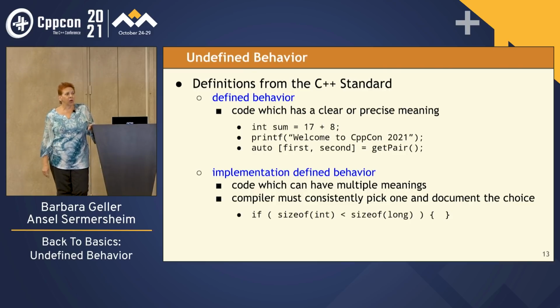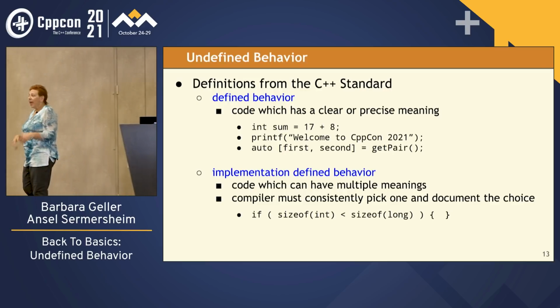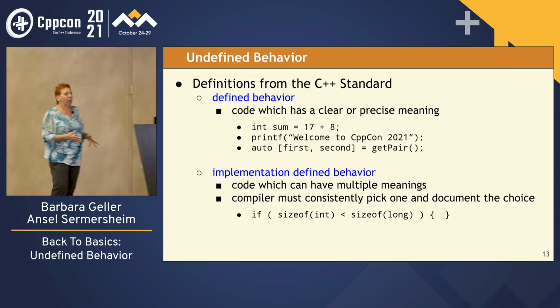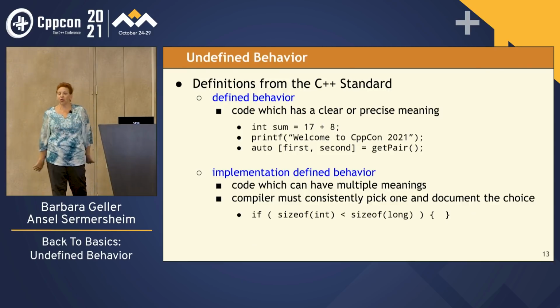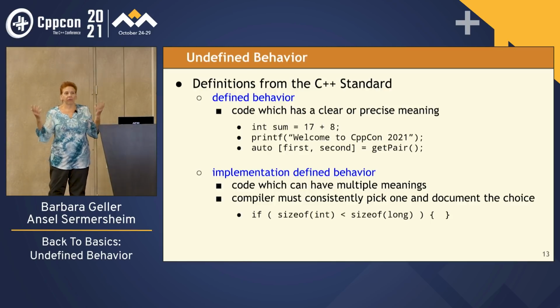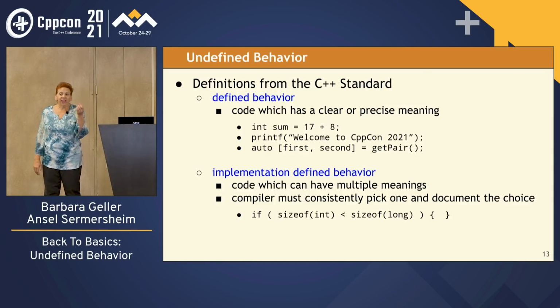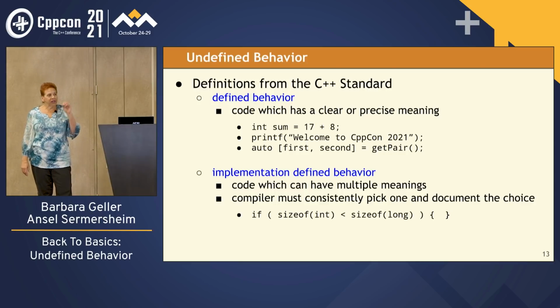If it does not, please report that to your compiler. These people need to know. That is defined behavior, and it should not only have the right value, it should be the right value every single time. So that is what defined behavior is. If you're using a printf, and it doesn't print that exact string, welcome to CppCon 2021, file a bug report. Because these are things that are defined, which means they work a specific way.